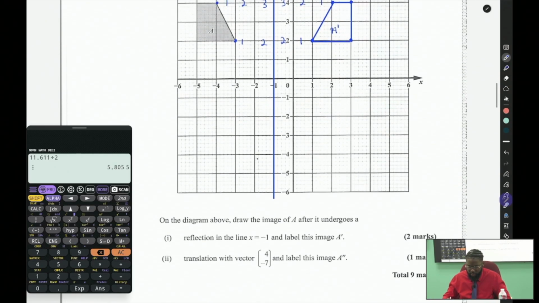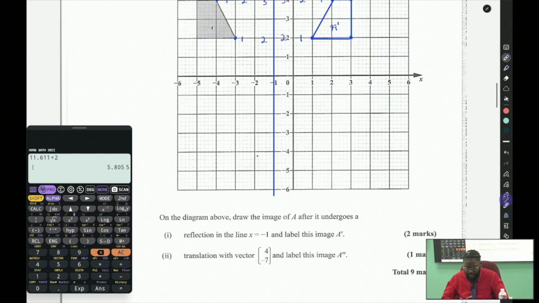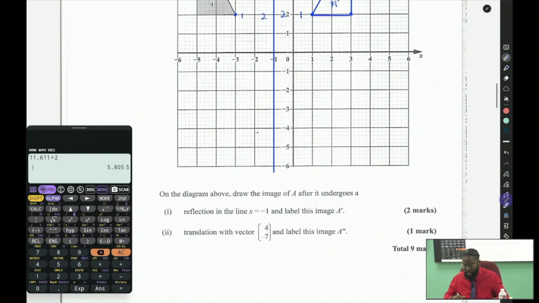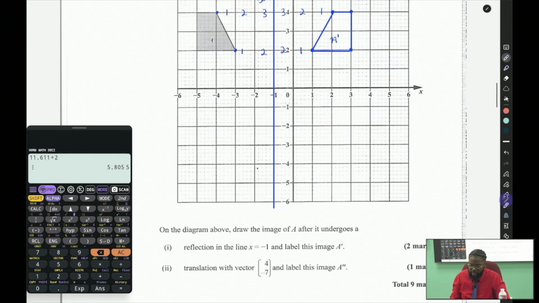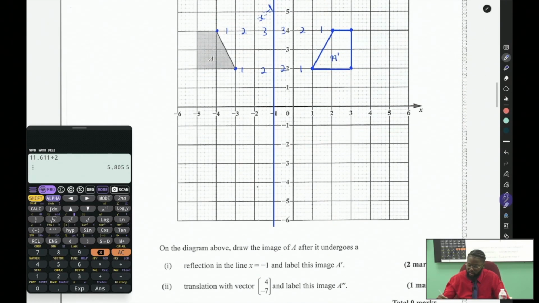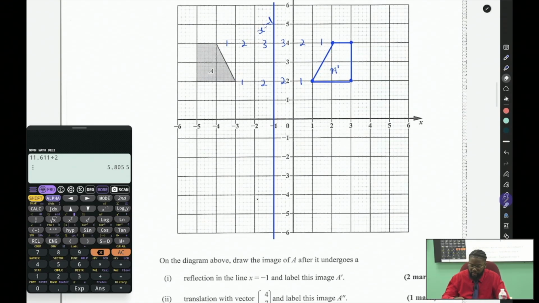So let's continue now. It says translation with vector (4, -7) and label this image A double prime. Now you could work this out, finding the points of each vertex on the trapezium.